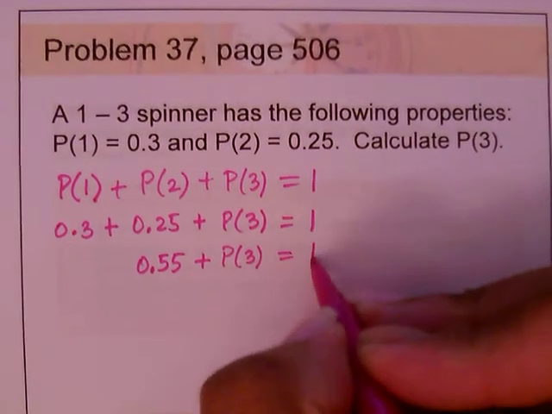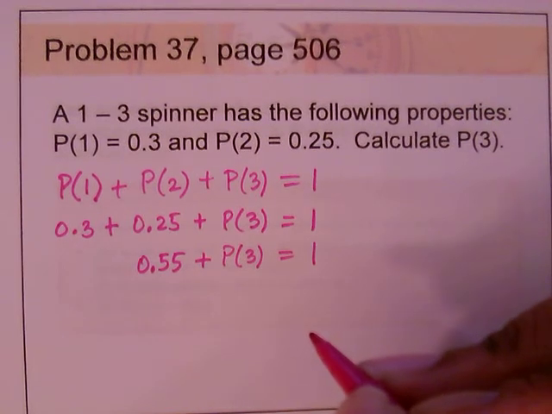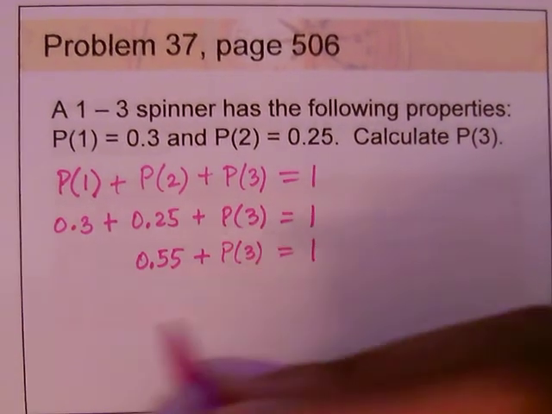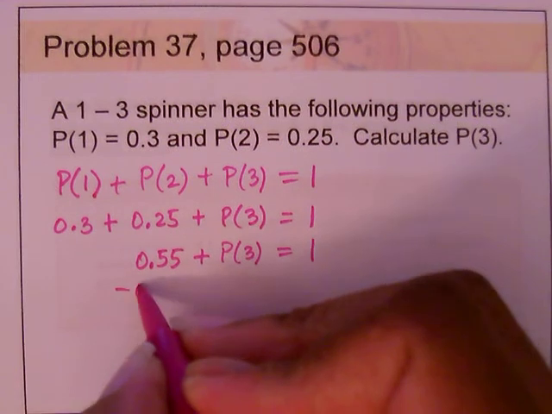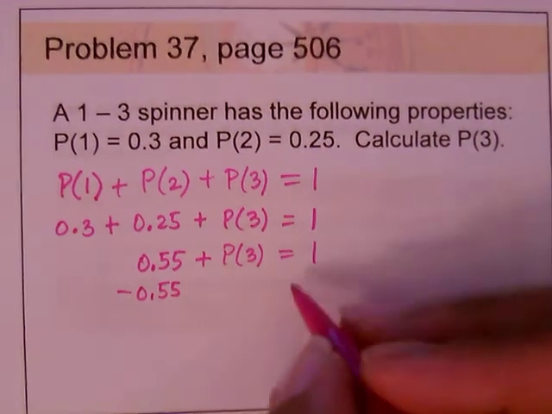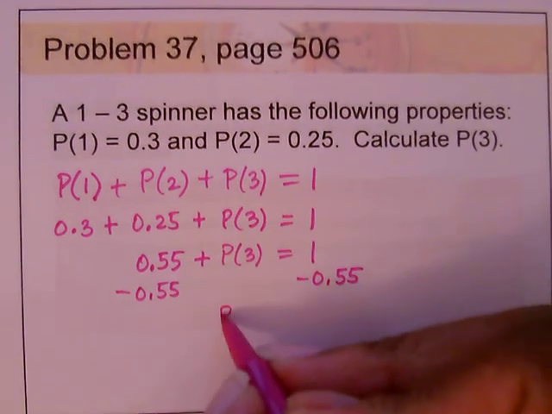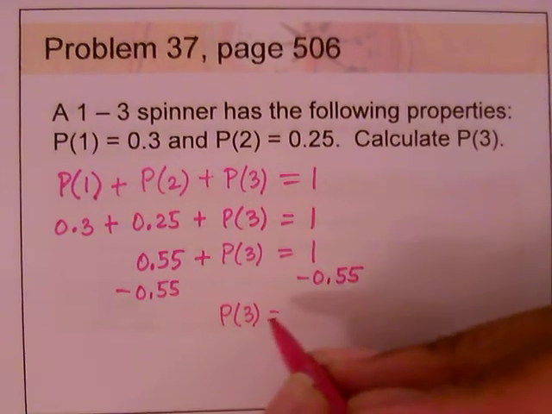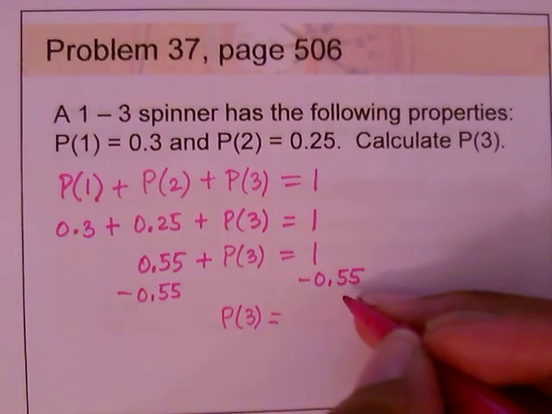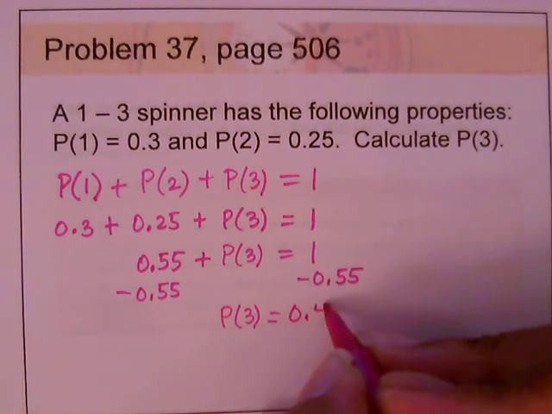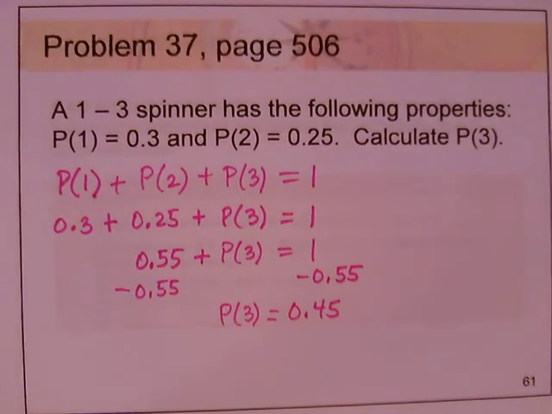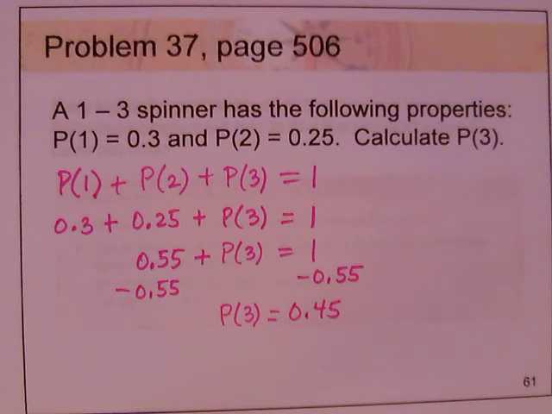And then to find out what the probability of event 3 is, subtract 0.55 on both sides. Here I'm solving an equation. So the probability of event 3 will have to be 1 minus 0.55, which is 0.45. So the probability of event 3 occurring will be 0.45. Okay.